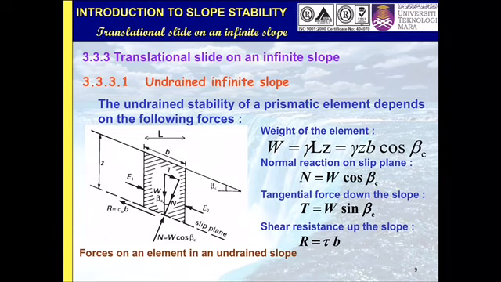For the undrained infinite slope, we look at the infinite slope first. As usual, we have undrained and drained conditions. As you can see here, these are the forces elements that will occur in the infinite slope.